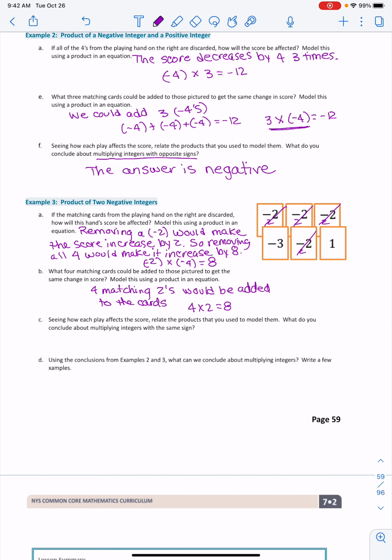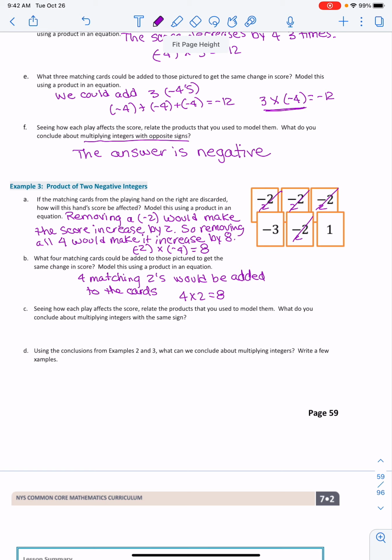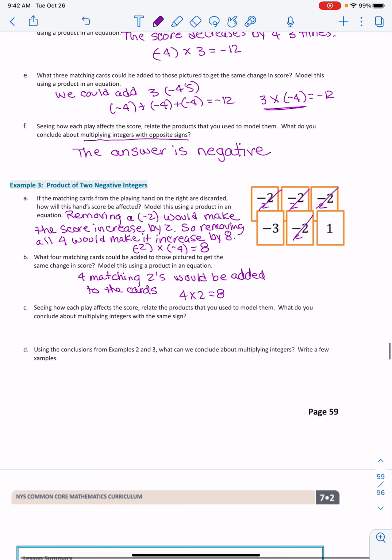So now it says, seeing how each play affects the score, relate the products that you use to model them. What do you conclude about multiplying integers with the same sign? Well, the answer would be positive. Let me spell that properly. Okay.